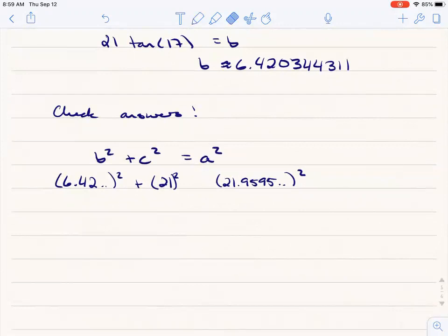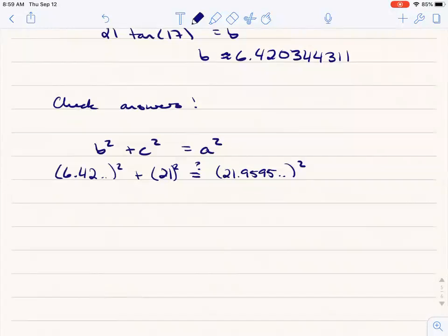Shouldn't make it so sloppy here. I have an equal sign with a question mark on top because I'm checking to see if they're equal. So I've got 6.42, and then I can square it because it's already on my screen, plus 21 squared. I get 482.2208211.